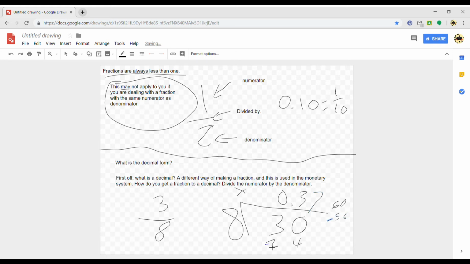And there's the subtraction symbols. Equals 4, then 40, 8 times 5, and finally our decimal terminates because it's minus 40 equals 0. So that's where our decimal terminates.